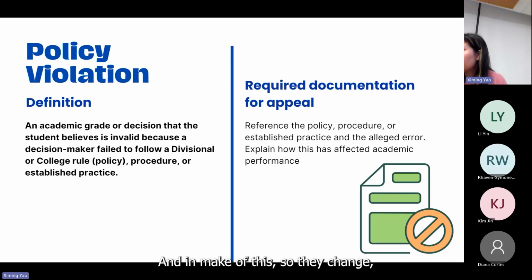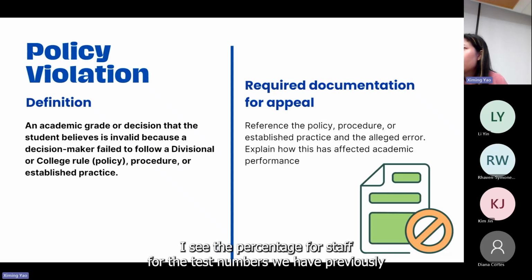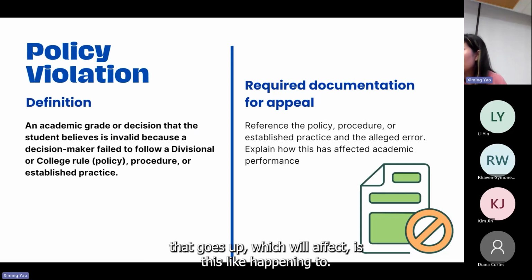And in the middle of the semester, they change it, which affects grading, like if they had given 20% or 25% for the final test, but mid-semester they change it, and the percentage goes down for the test and the assignments we have previously done, which will affect our grading. Is this happening to you?